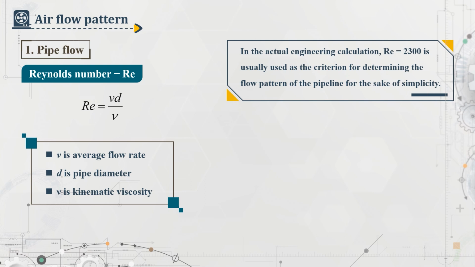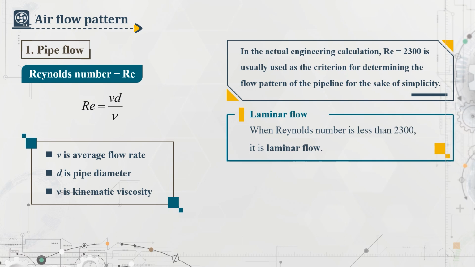In actual engineering calculation, Re equal to 2300 is usually used as the criterion for determining the flow pattern of the pipeline for the sake of simplicity. When the Reynolds number is less than 2300, it is laminar flow.